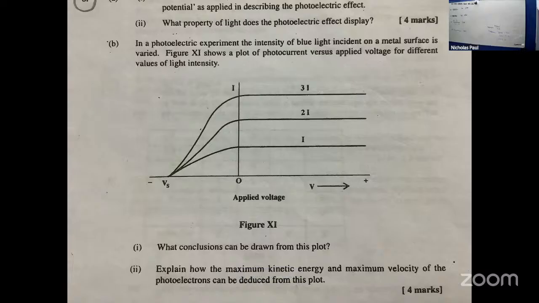Three main things are happening there: something here with the I's, something here with the V, and something here with the straight line. Something that we started last week, photoelectric effect. Yeah, same thing we did last week.